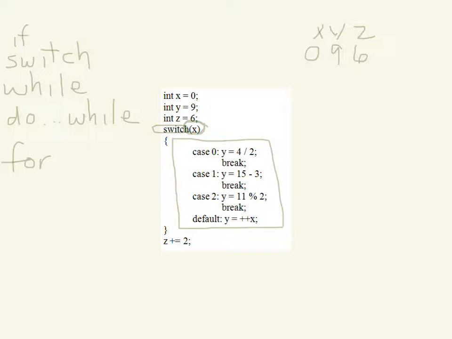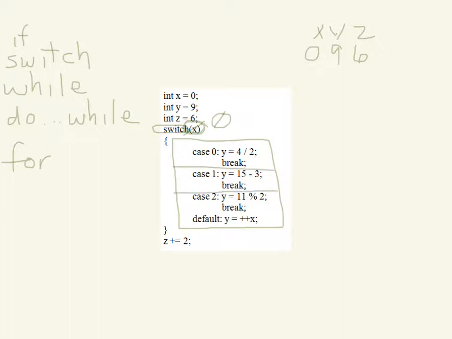So I've come to my switch, and it's asking me what is the value of X. In this case, that is a 0. So I look here and I say, which is the first case that matches? Now I forgot something. In switches, the other thing I do is draw a line under each break.